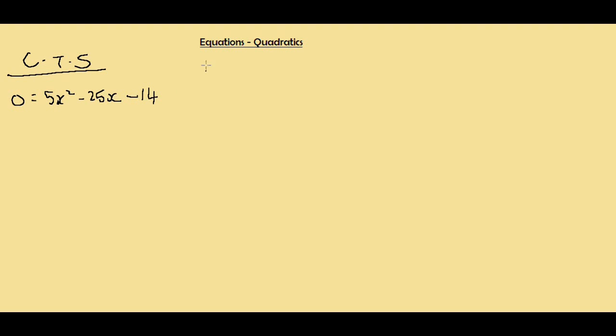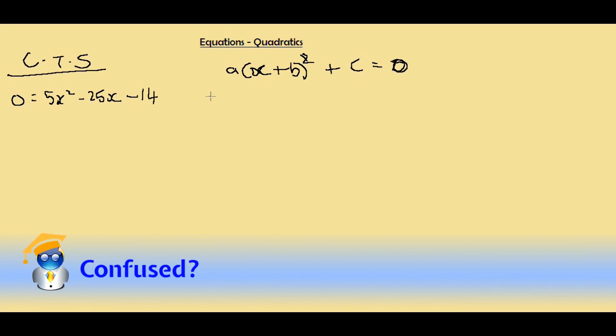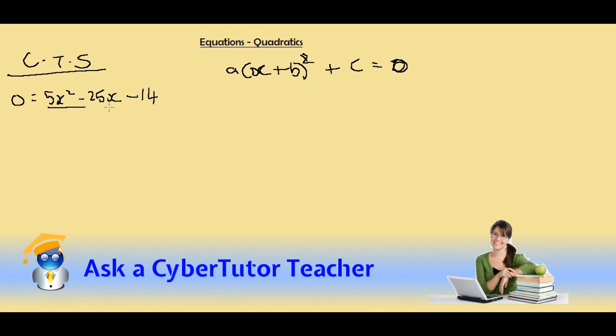It means we need to get it into a format that is a(x plus b) squared plus c equals 0.